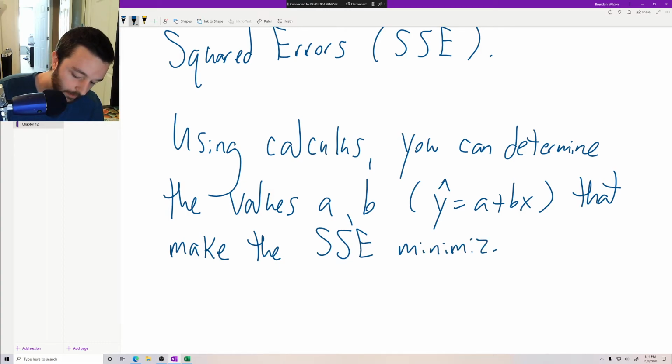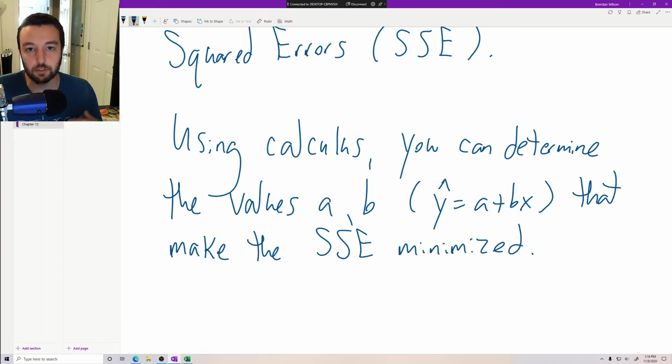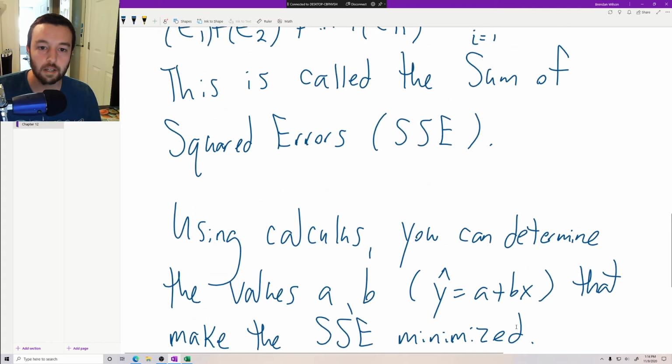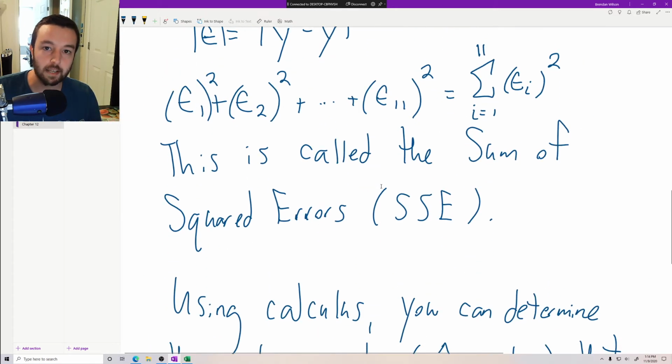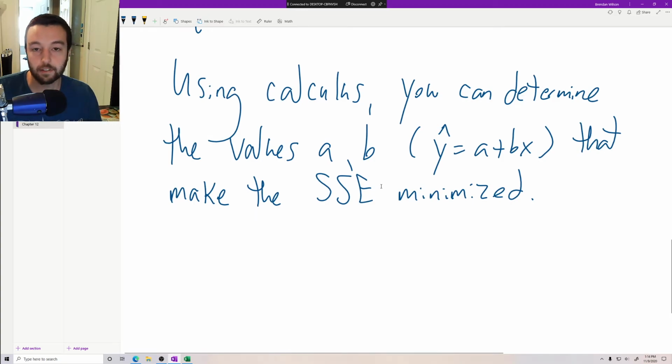Okay. So that's our goal. We want to make the error minimized, right? Because we want to have as little error as possible. We want to have as little distance between the predicted value and the true value as possible. Okay. We want to minimize that error, and we need calculus in order to do that. So we're just going to write out what it turns out to be.